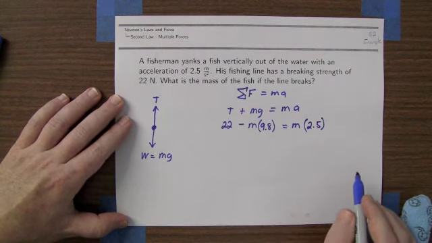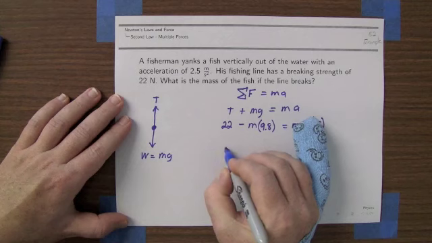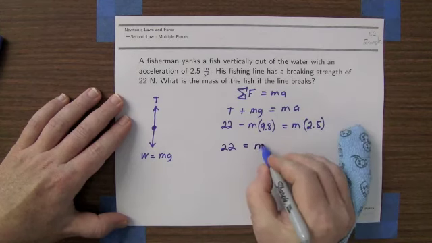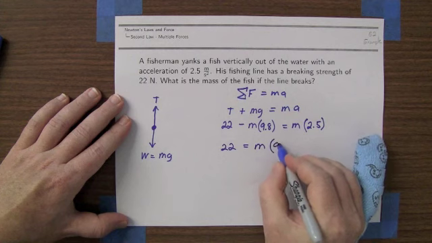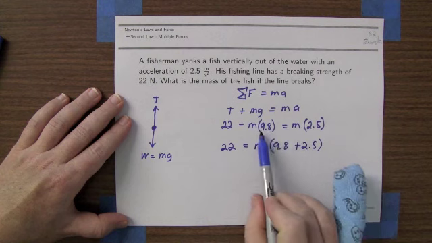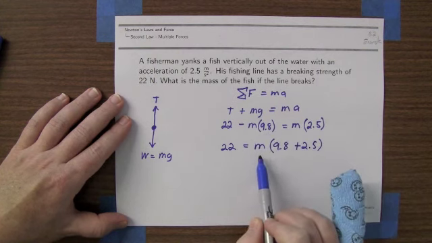All right, so at this point we need to algebraically find the solution to this. And so we could do something like this. 22 equals m times 9.8 plus 2.5. What I've done is I've added this term to the other side and pulled the m out all in one step.